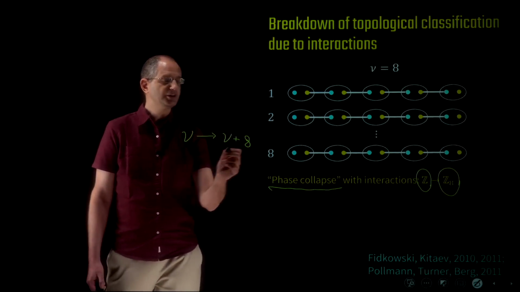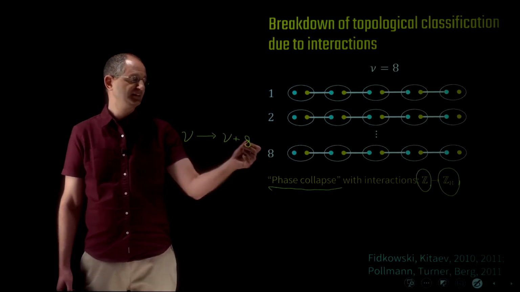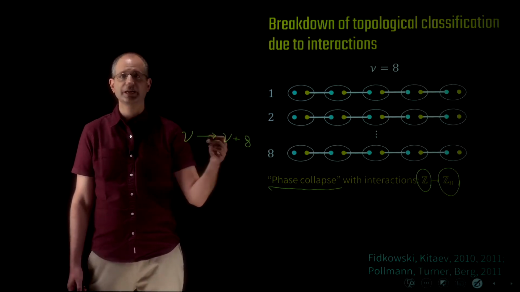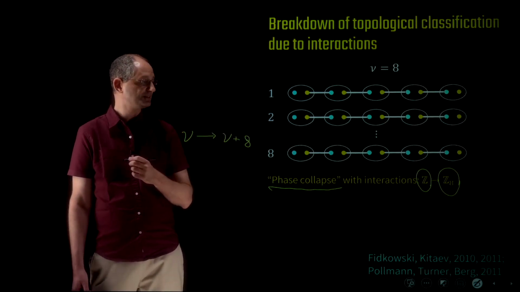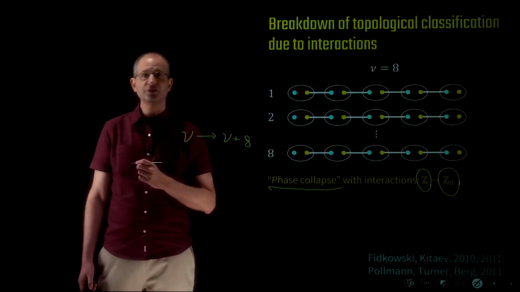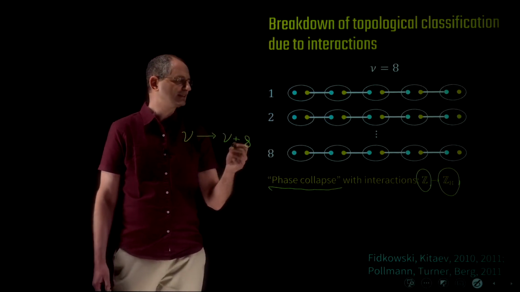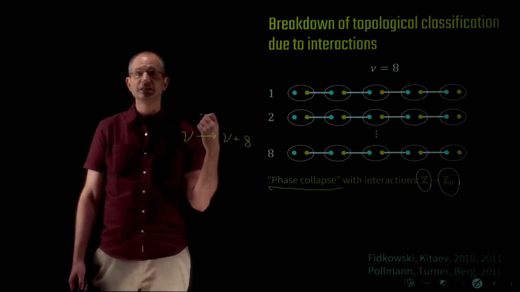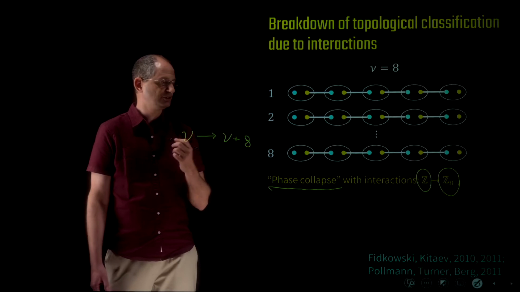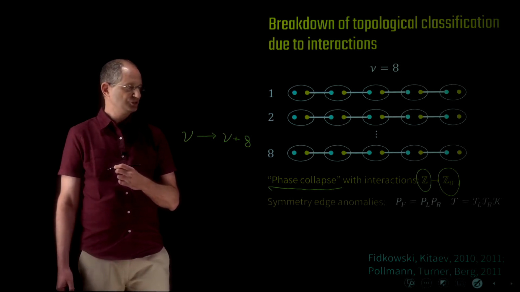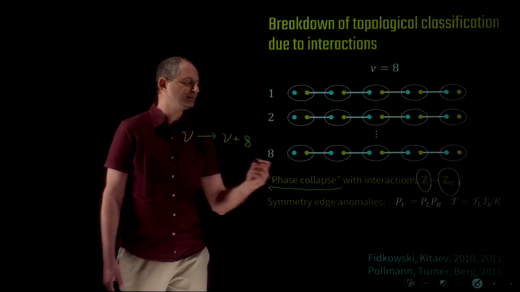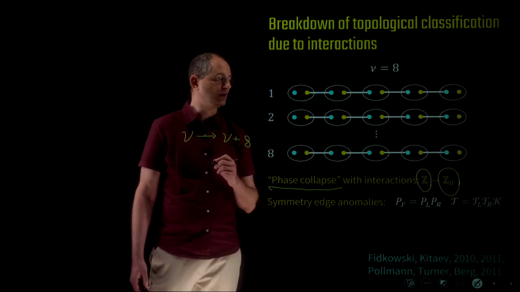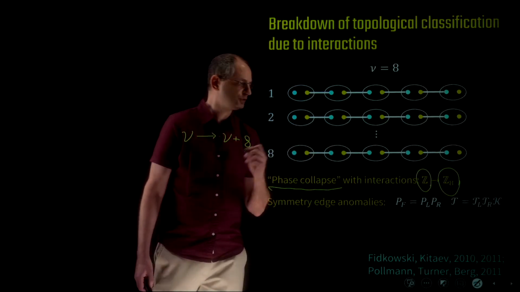Okay, so now where does this number 8 actually come from in the interacting phase? There are only 8 distinct phases. Where does the number 8 come from? One can actually understand that quite simply by considering the anomalies of the edge in the presence of interactions. So let's consider again the symmetries of the problem in class BD1. So there are 2 symmetries.